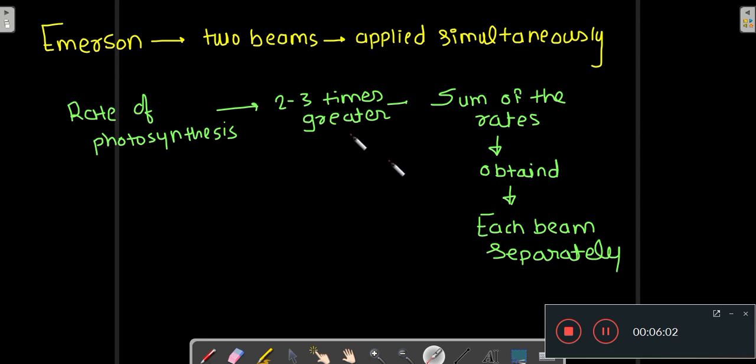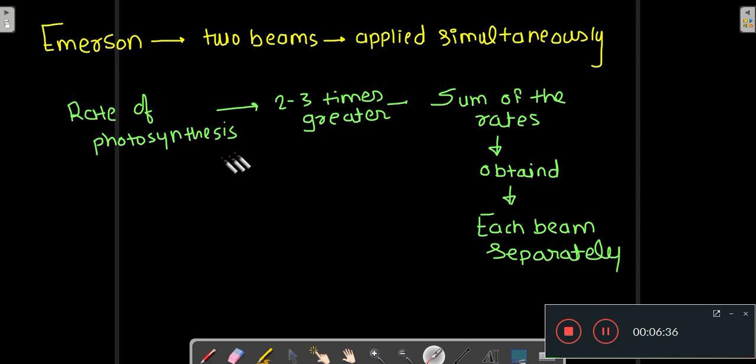So when you apply the two beams simultaneously, the rate of photosynthesis is much greater as compared to the individual beams. Even if you add the sum of the rates of photosynthesis obtained from each beam, that sum is much less as compared to the rate of photosynthesis when the two beams are applied simultaneously.